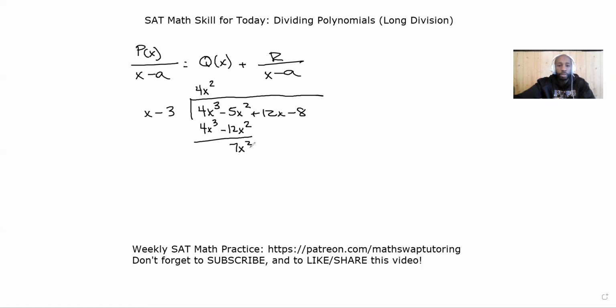Now bring this down. How many times does x go into 7x squared? It goes in plus 7x times. X times 7x is 7x squared. Negative 3 times 7x is negative 21x.